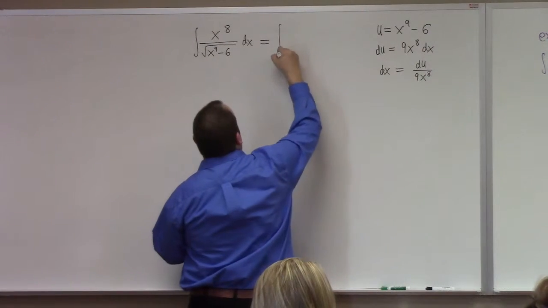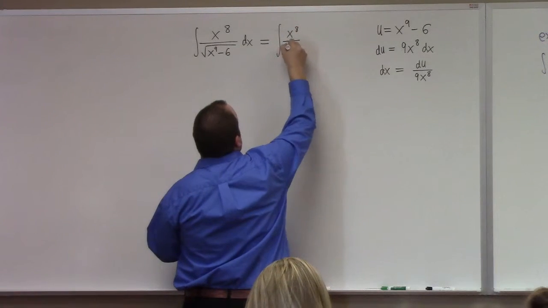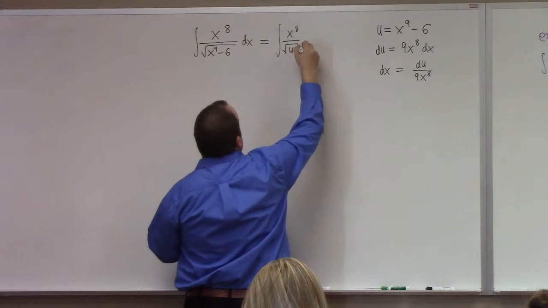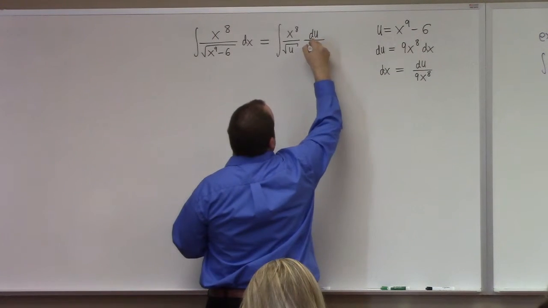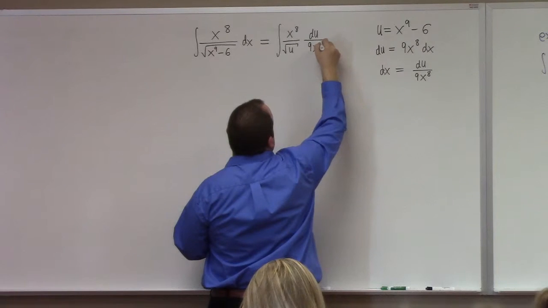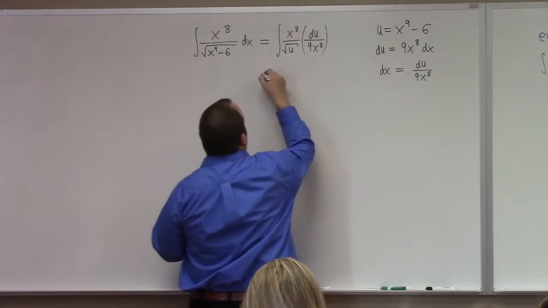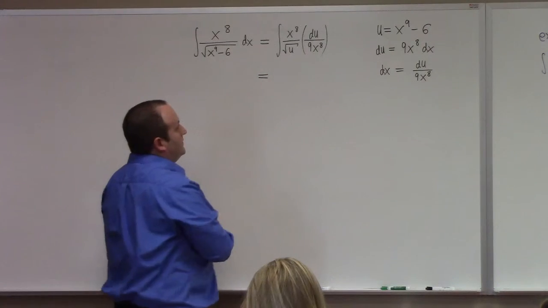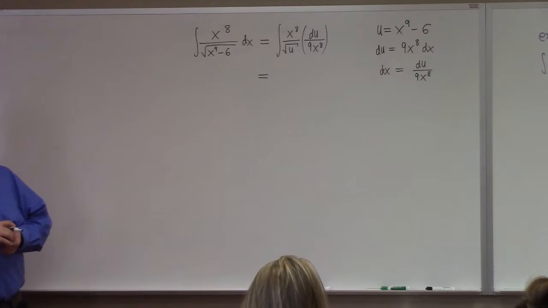So what do I have? I have the integral of x to the 8th divided by the square root of u, and then dx was du divided by 9x to the 8th. Yet again, we win. The x's cancel, right?